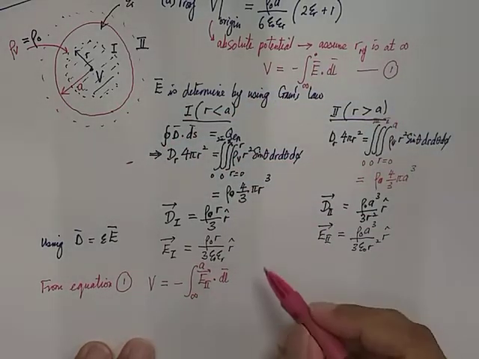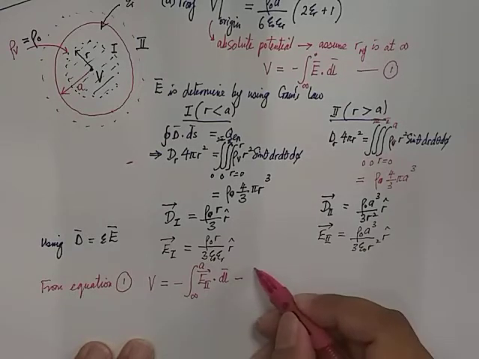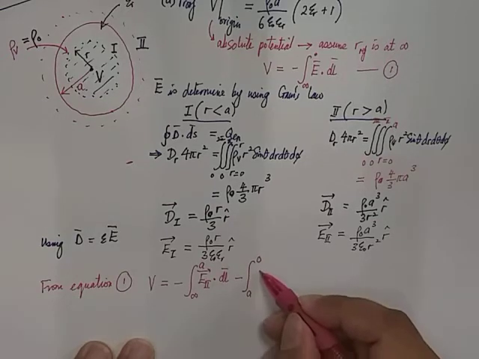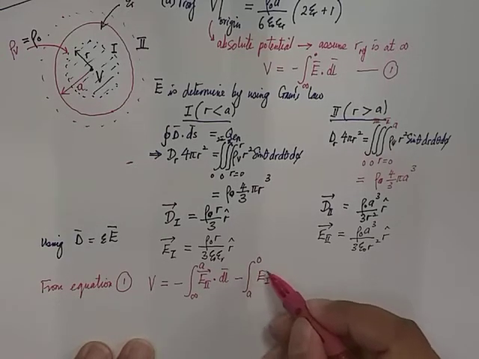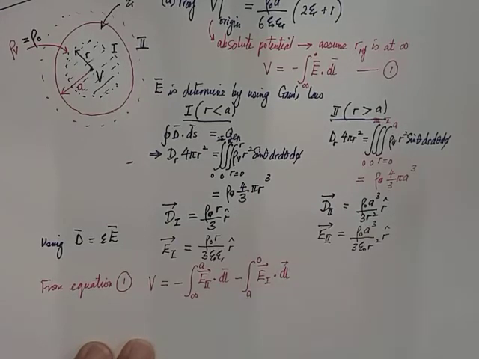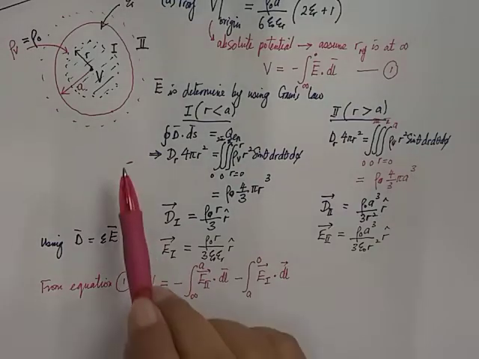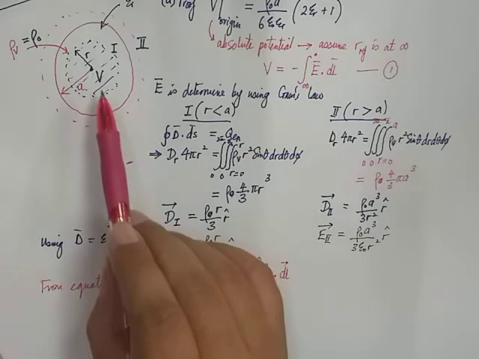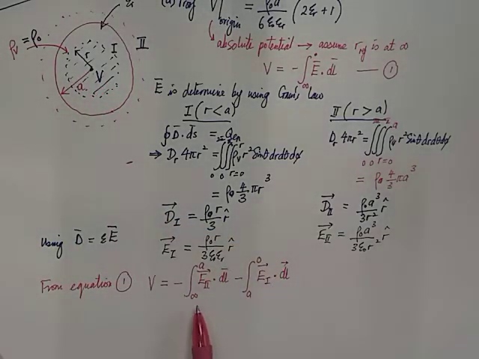I'm moving further into the spherical structure, now from A to the origin, E1 dot dL. This is the interpretation based on our diagram: infinity to A, E2; A to 0, E1.